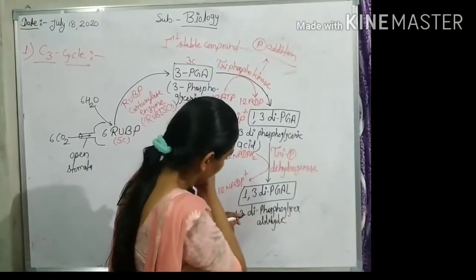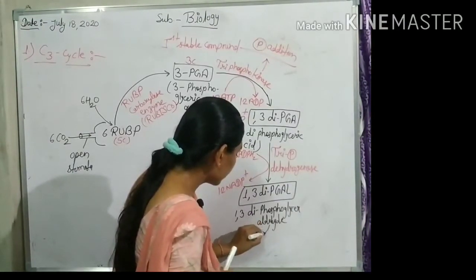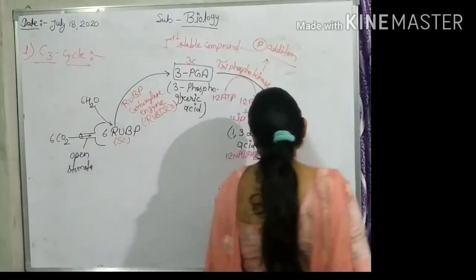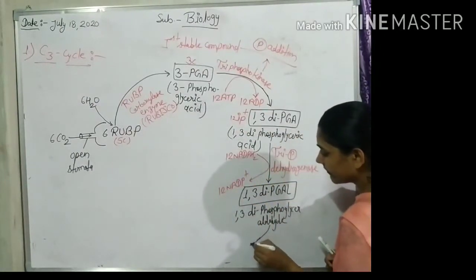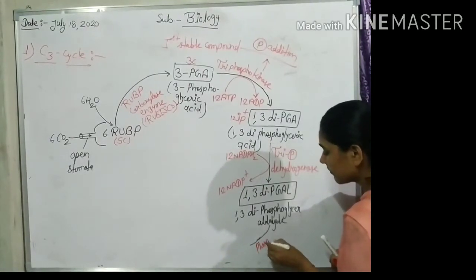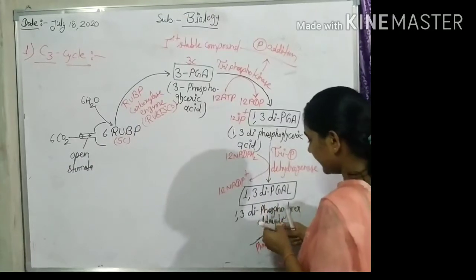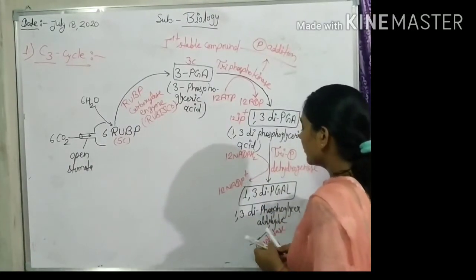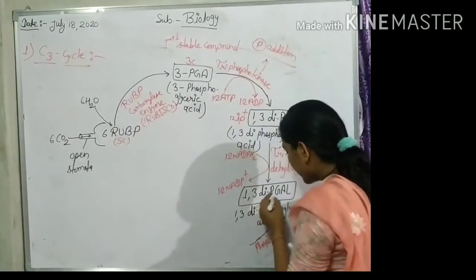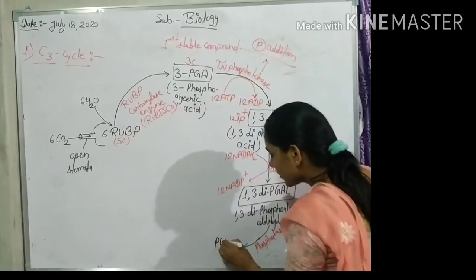Now phosphatase enzyme acts on 1,3-di-PGA, then phosphates are removed from the first and third number carbon and it converts into PGAL.